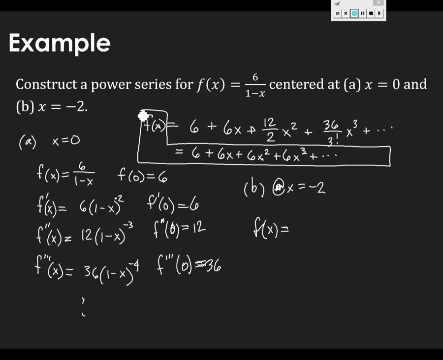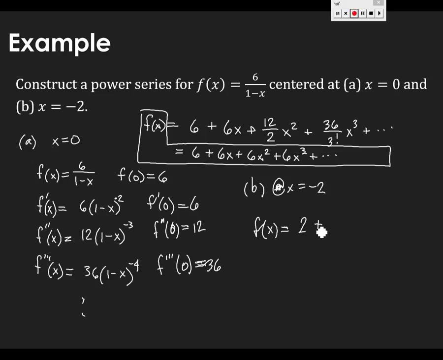What's the first term? 6 over 1 minus negative 2, which is 2, plus, you plug negative 2 into this guy here. What do we get there? And the denominator will always have a 3 to some power, right? I think I'm seeing that already.